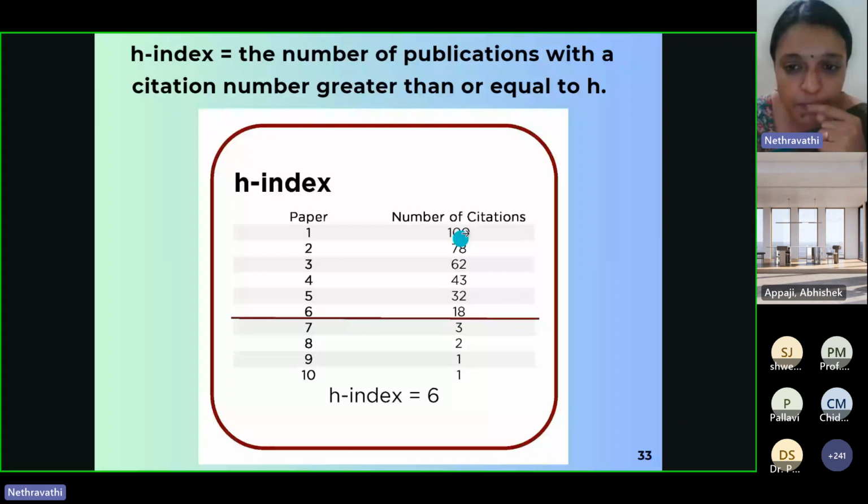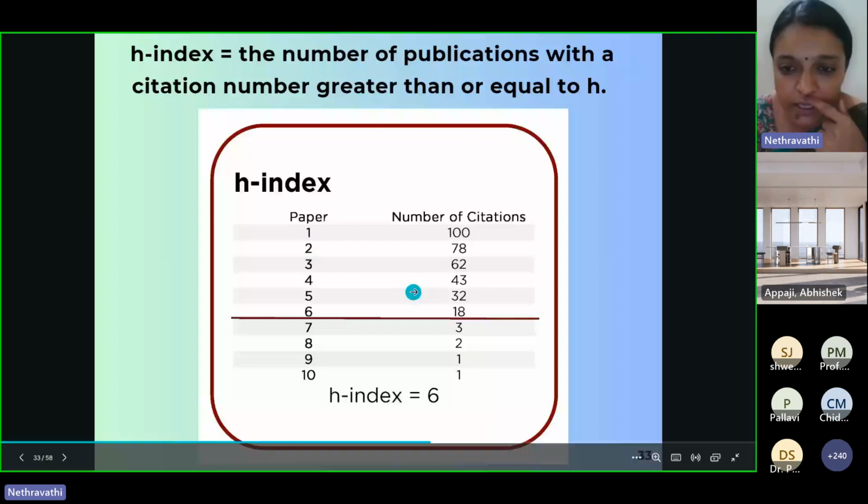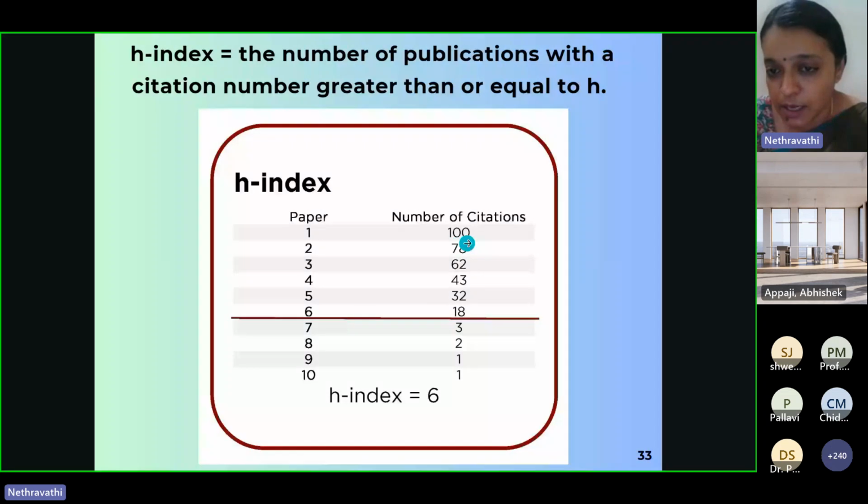In this example, the papers are arranged such that the paper with the highest number of citations is the first one, going in descending order. The one with the highest number of citations is placed first, followed by the second one, like this.